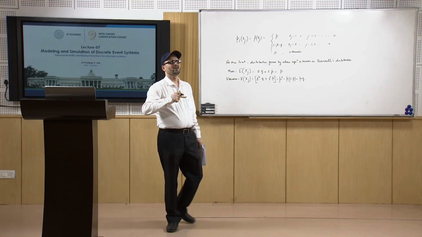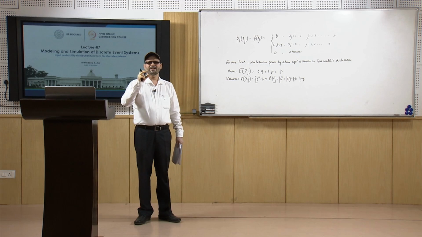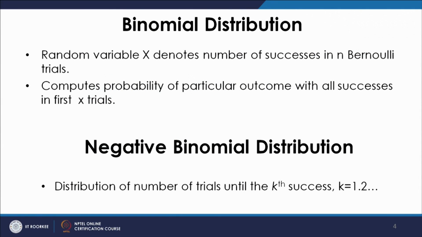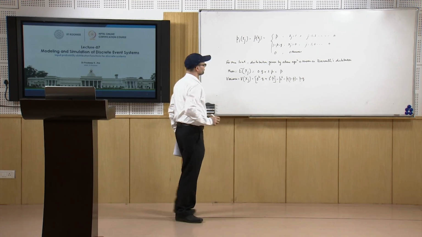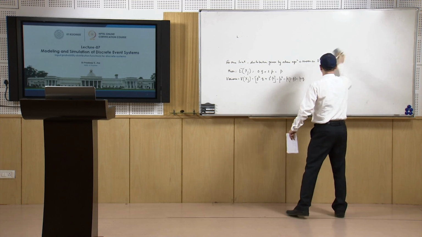You will have n trials, and you want successes in the first x trials, all successes. So, it computes the probability of a particular outcome with all successes in the first x trials. That is the binomial distribution. Let us see what happens in the case of the binomial distribution.